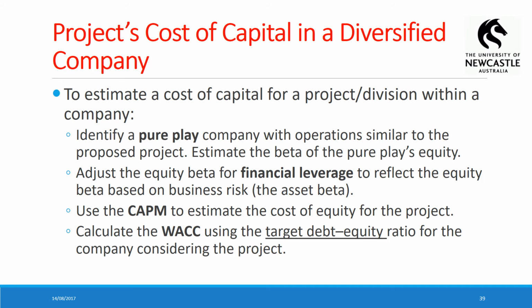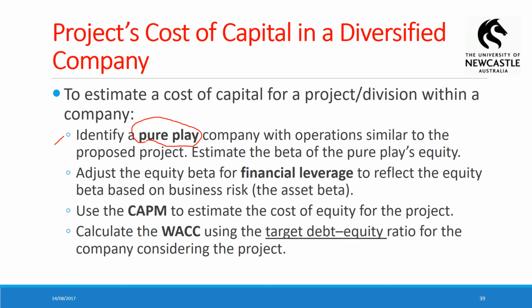So we established before that for a project with different risks compared to the firm's overall risk, we can't use the firm's overall risk to measure the project cost of capital. So in this case, what can we do? One approach to measure the project's cost of capital is to identify a competitor that operates solely in the industry that the project is operated in.